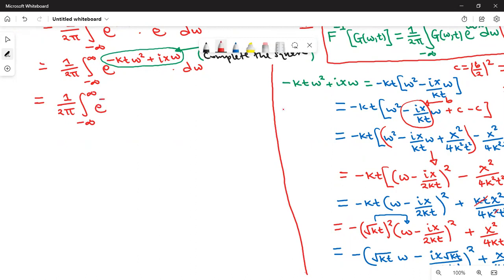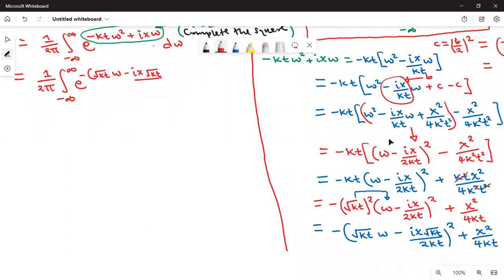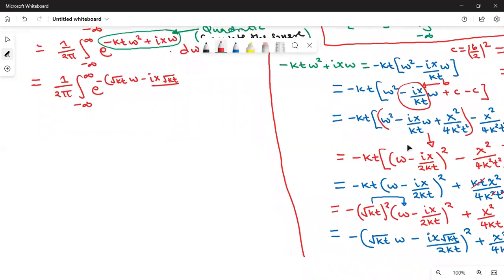We got negative the square root of kt omega minus iota x root kt over 2kt, this is squared.